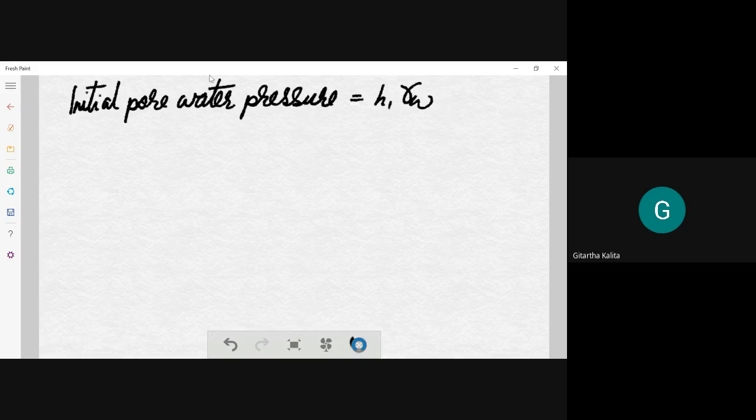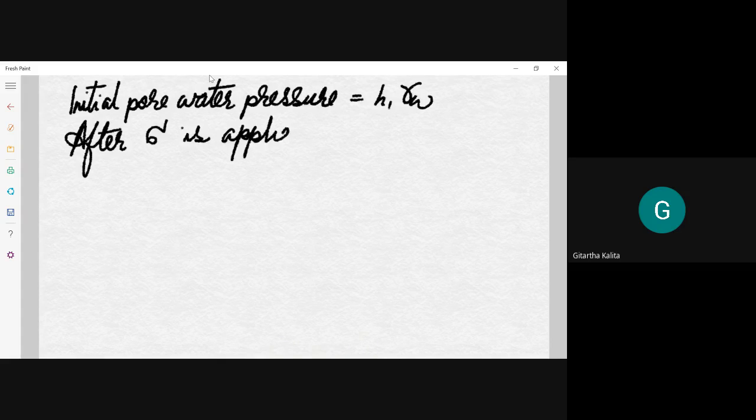Then after a stress of sigma is applied, the pore water pressure will rise, because now the water will be taking more pressure.